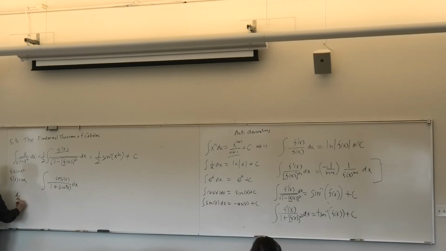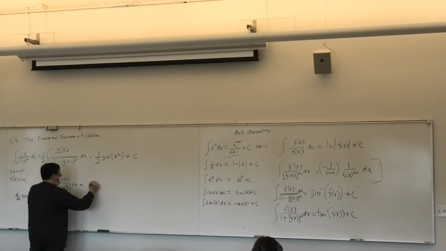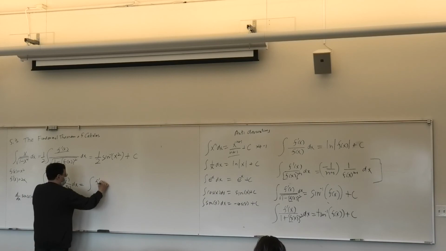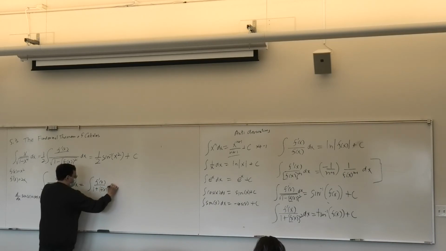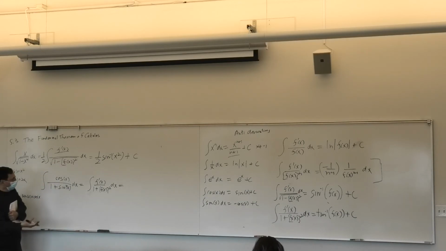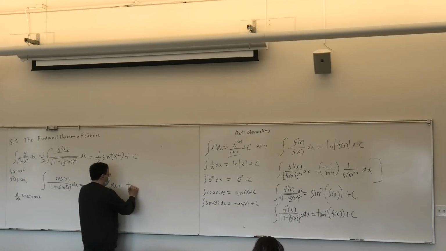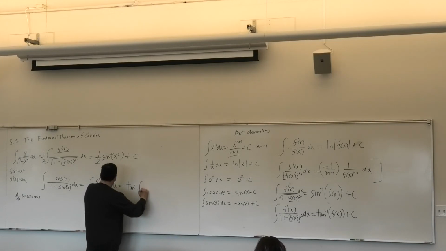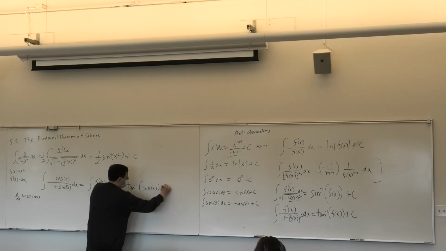The derivative of sine of x is the cosine of x. So this just becomes the integral of the derivative of f of x over 1 plus function squared. So according to our formula, this just becomes the inverse tangent of the sine of x, dx.